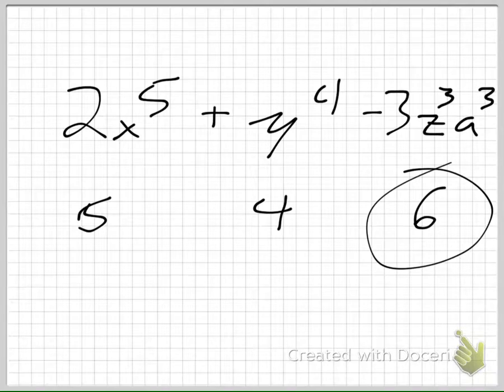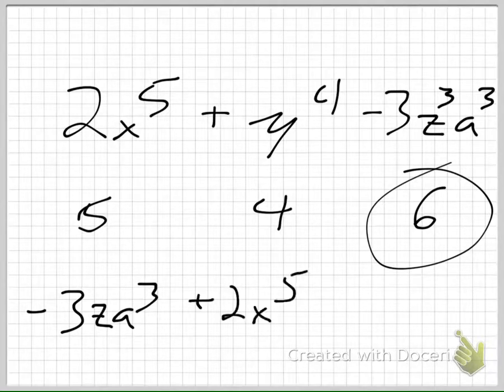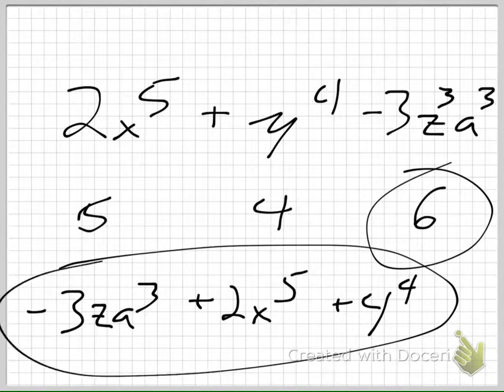So on this one, you would write this polynomial as minus 3za to the 3rd plus 2x to the 5th plus y to the 4th. You put it in descending order. This is the 6 first, 5, 4. That's how you write it.